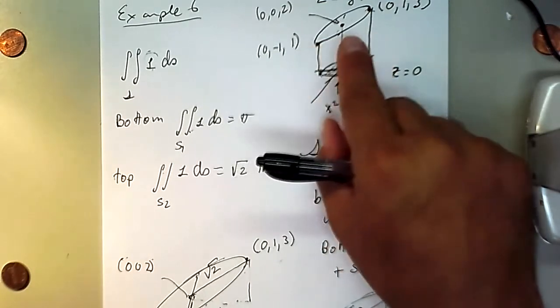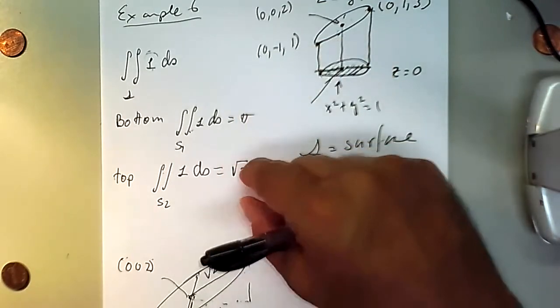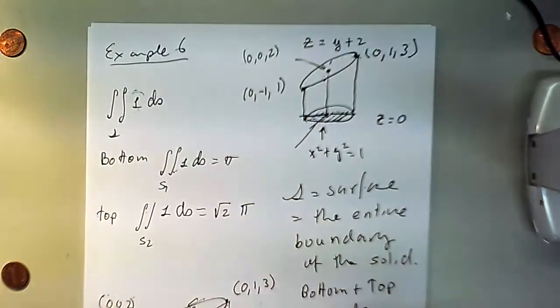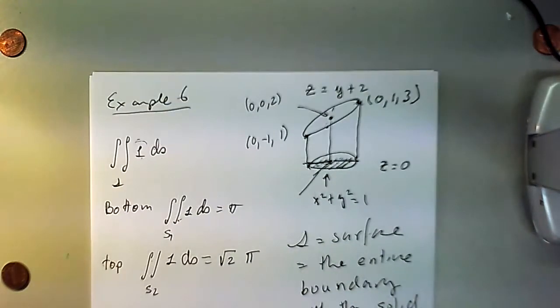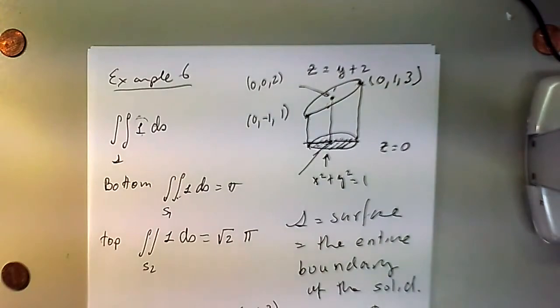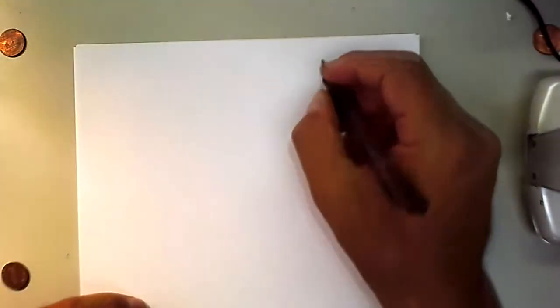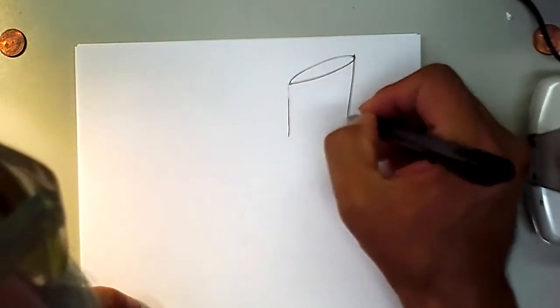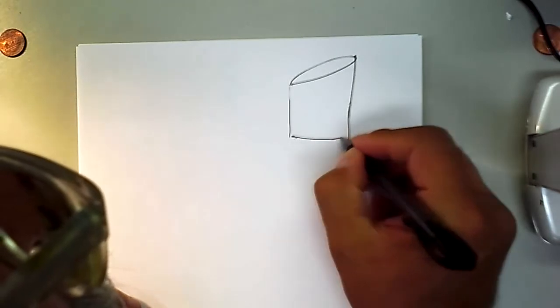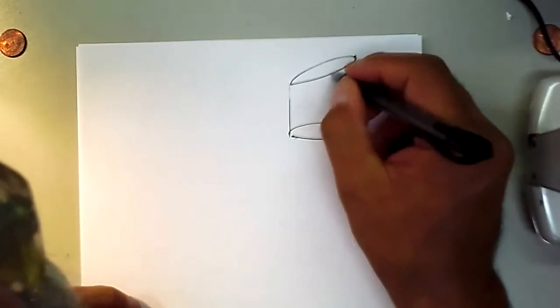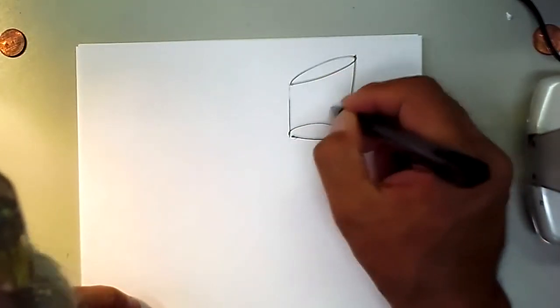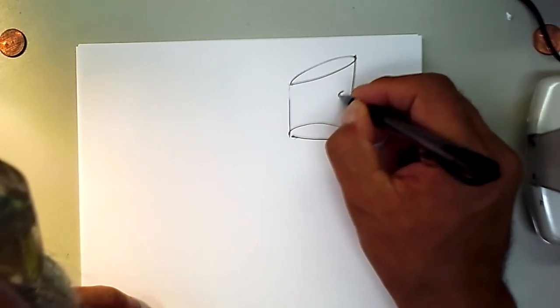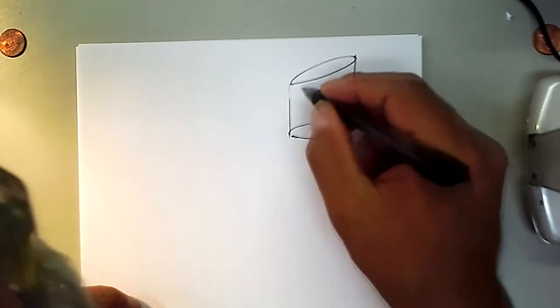Now the sides. And the reason why I wanted to do this fast is because the side is more complicated, as you probably see. So we want to parameterize S3, which is the side.